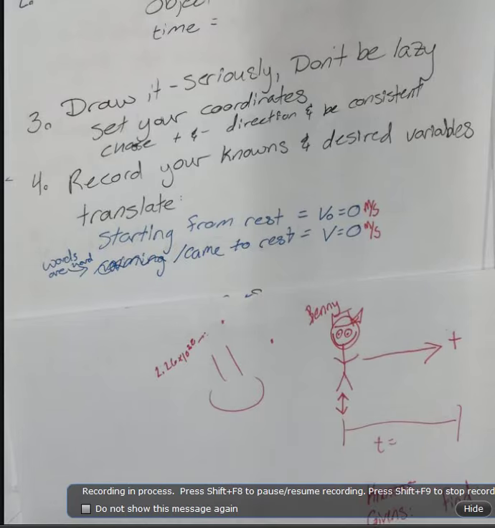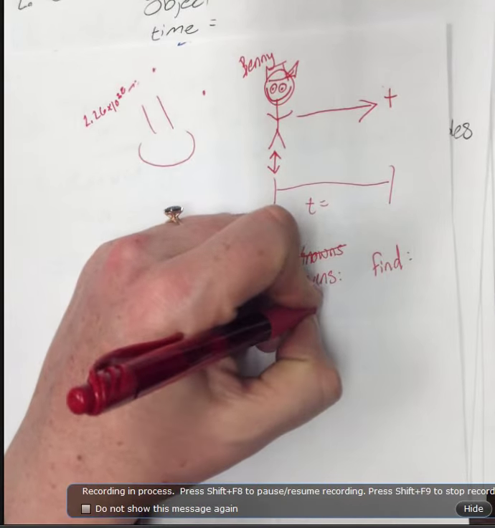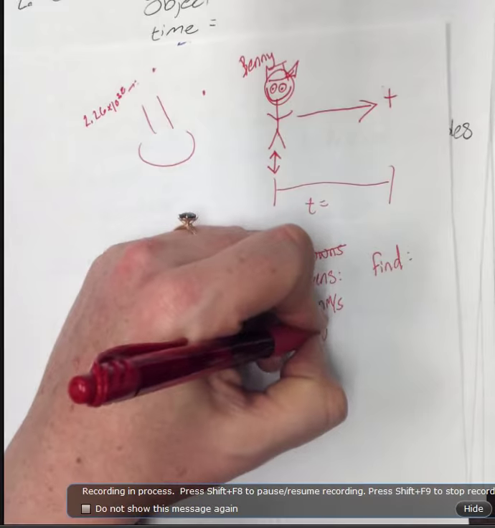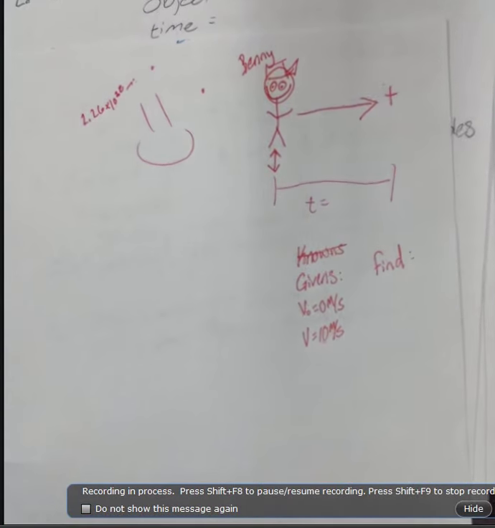So that means you're going to record your knowns, your desired variables, and you're going to translate any of the language in the problem so that it's represented in that format. So we're going to say Benny had an initial velocity of 0 meters per second. He had a final velocity of 10 meters per second, because Benny can move very quickly. He's a levitator. You don't want to make him angry.